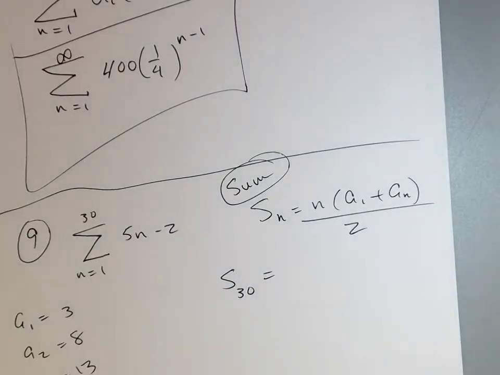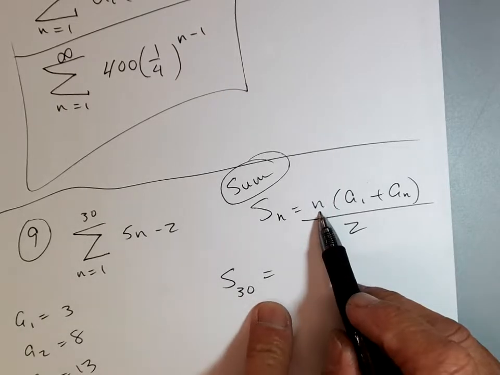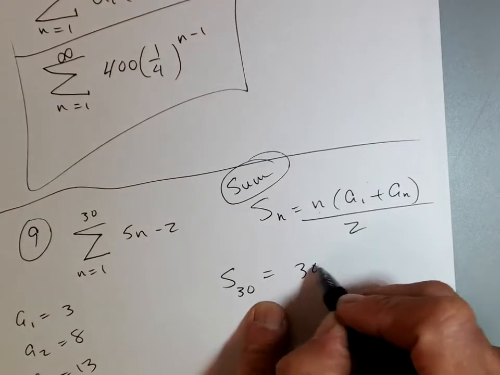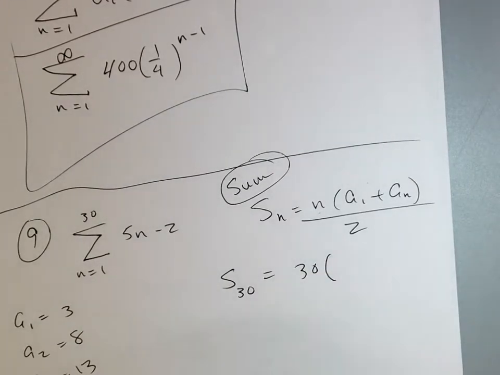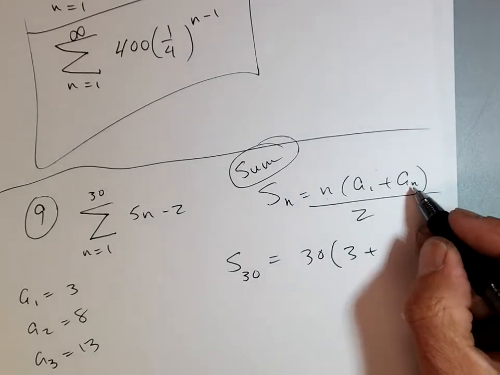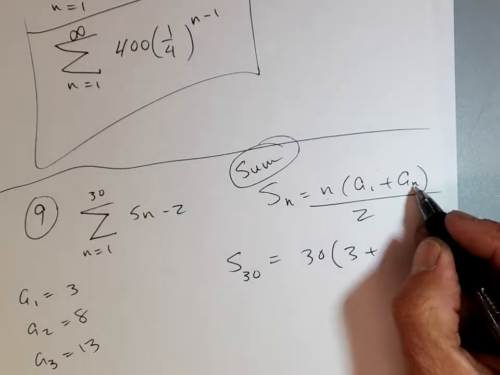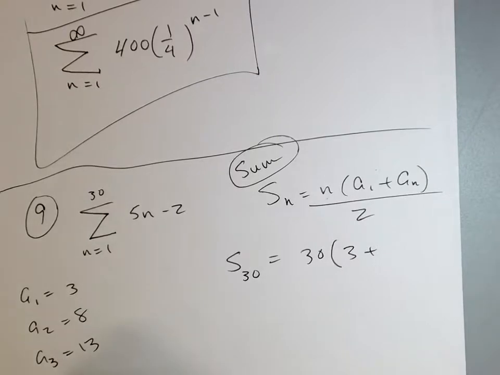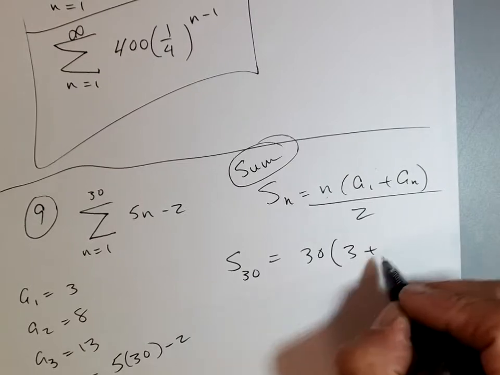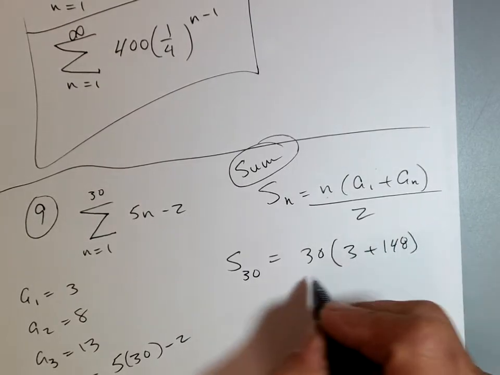We know n is 30. A1, what's my first term? A1's 3. What's my last term? Well, my last term would be a30. What's a30? 5 times 30 minus 2, 150 minus 2, 148, right? So I'll put 148 here, divided by 2.